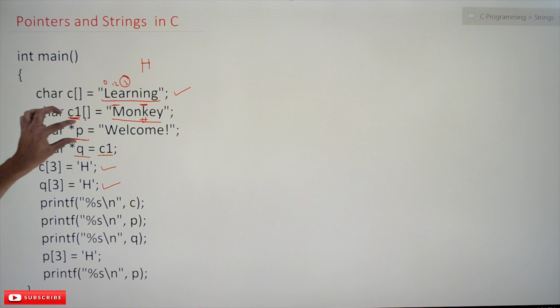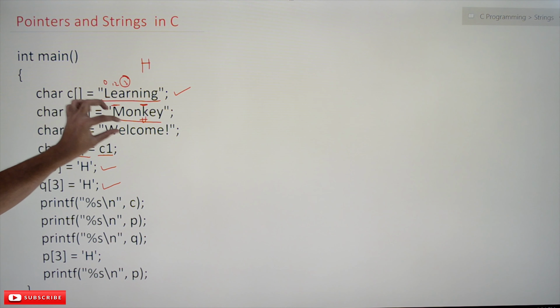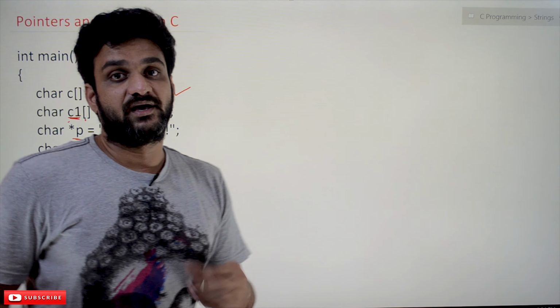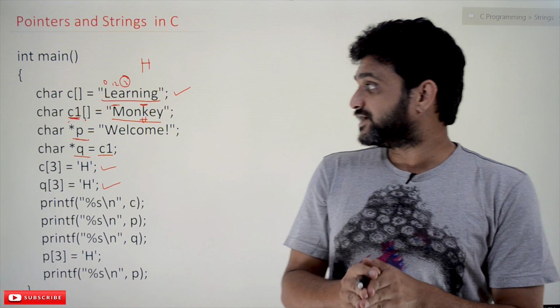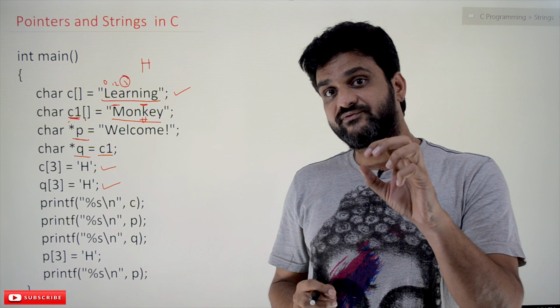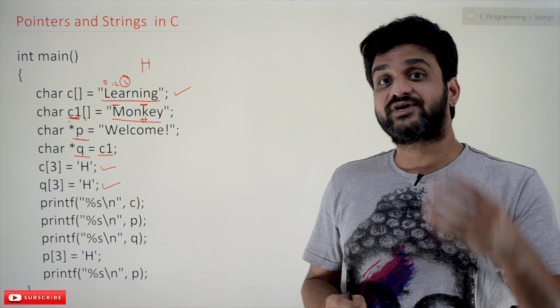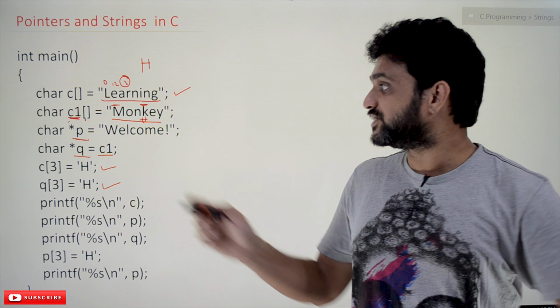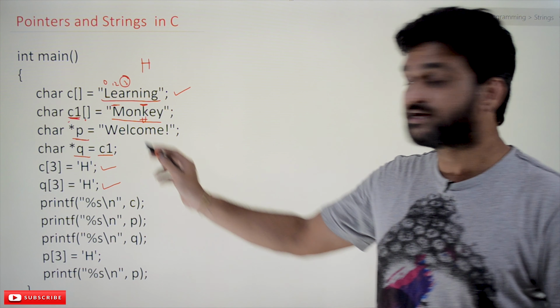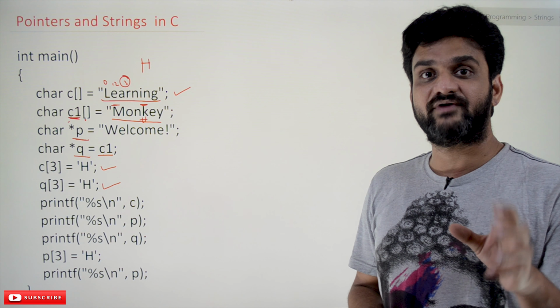So what about this star P? Star P is a string pointer which is similar to a character array, which is similar to a string, but the difference is we can access the values stored in a string pointer, but we cannot modify the values.